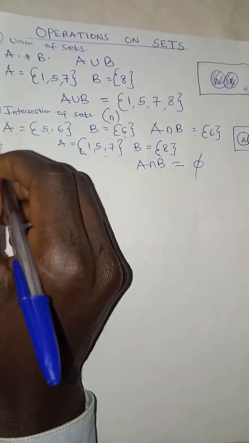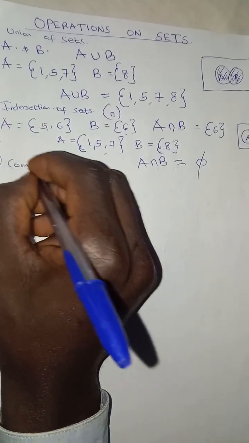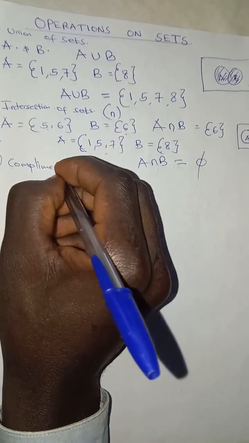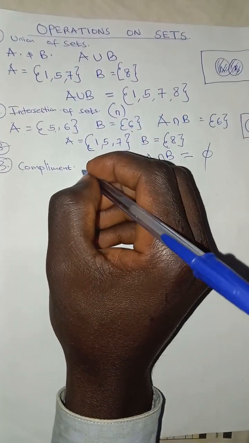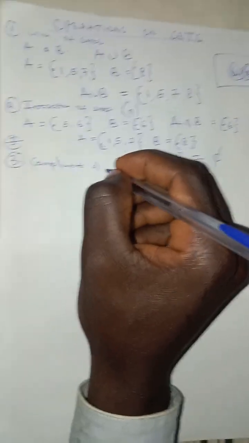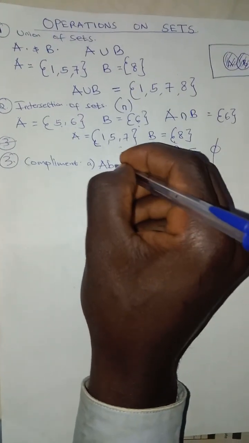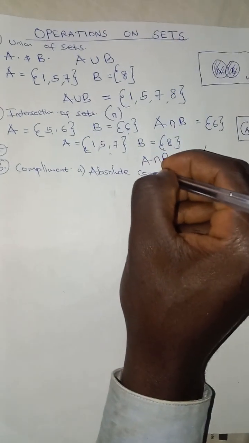Then we move further to operation 3, that is the complement of a set. In this, we have two parts. Part 1 is the absolute complement.